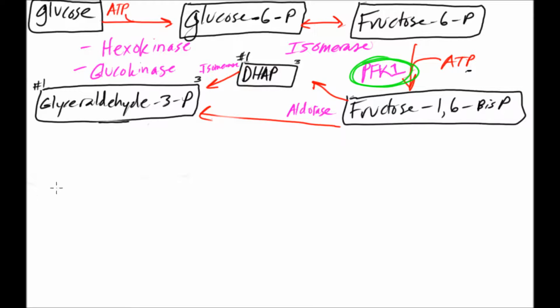We can now convert this glyceraldehyde 3-phosphate molecule into a 1,3-bisphosphoglycerate.